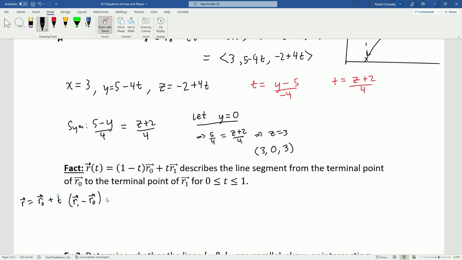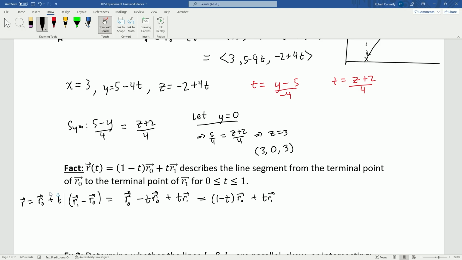How can we rearrange that? Well, we can distribute this t to r naught and get minus t r naught plus t r1. And then I can factor r naught out and I get 1 minus t r naught plus t r1.